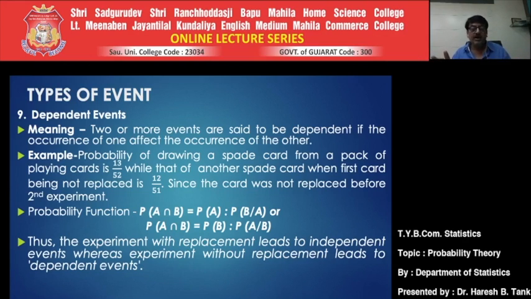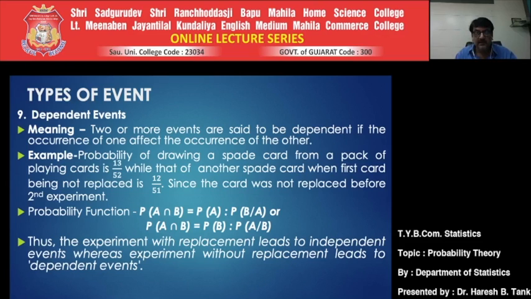Since we have not replaced it, there was an effect of not replacing. Since the occurrence of the second event is affected by the occurrence of the first event, they are not independent. Since they are not independent, they are dependent.